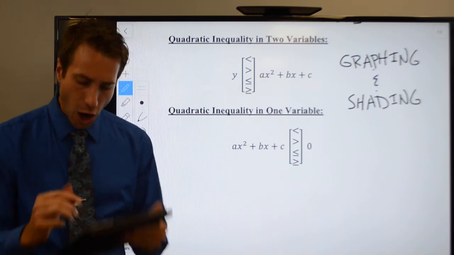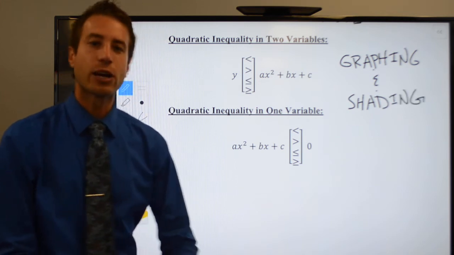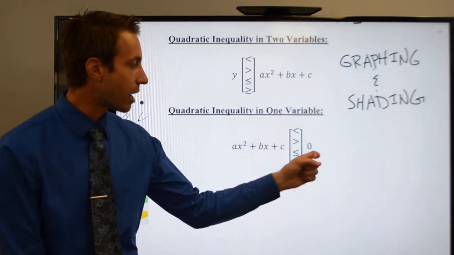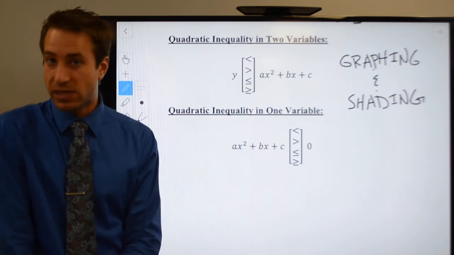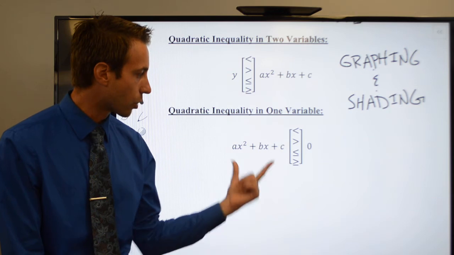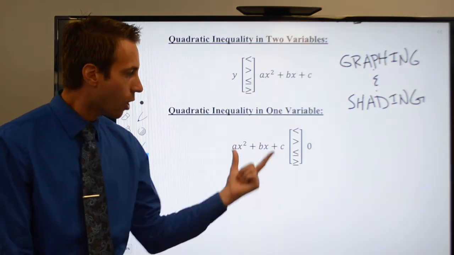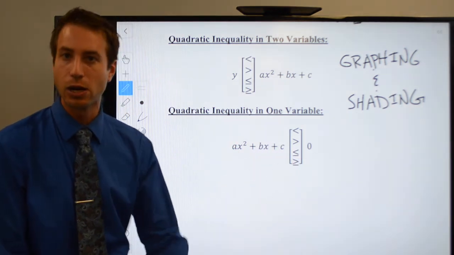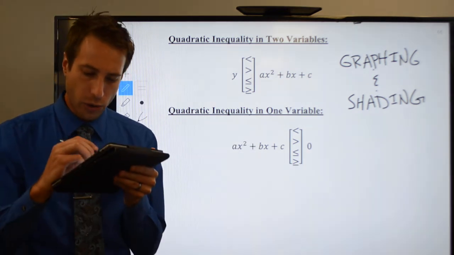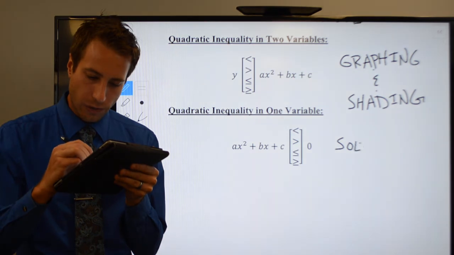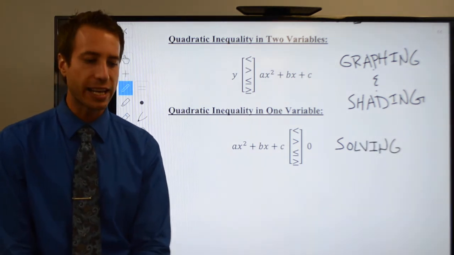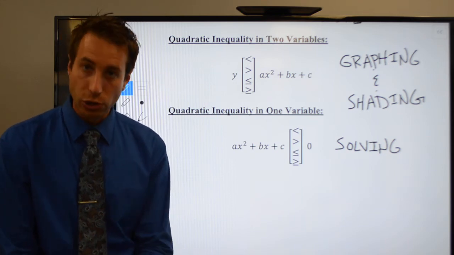Graphing and shading. But what if you're given a quadratic inequality with one variable? Now it's not equal to y, it's 0. So I have a quadratic that is less than 0, greater than 0, less than or equal to 0, or greater than or equal to 0. Anytime it's an inequality with 0, you're going to be solving. When you solve a quadratic, you're finding the solutions.